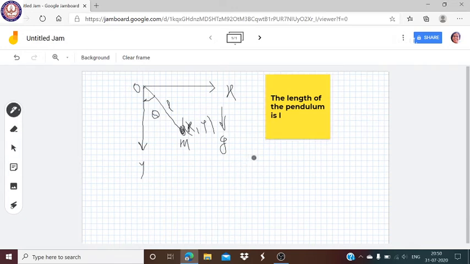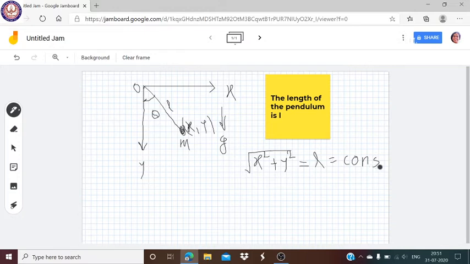The length of the pendulum means the square root of x square plus y square. This is the length. Now this is constant. So we have two positional coordinates and we have one constant.